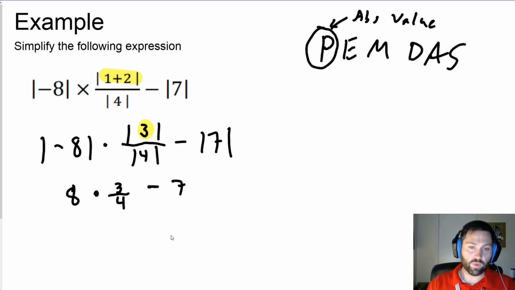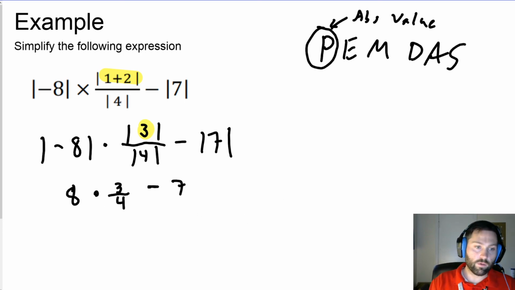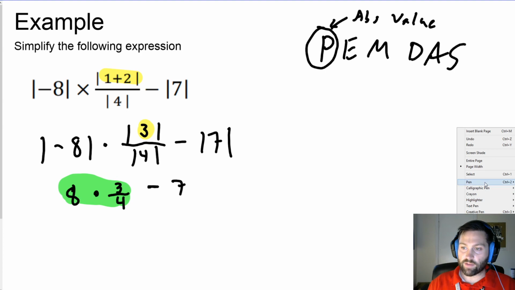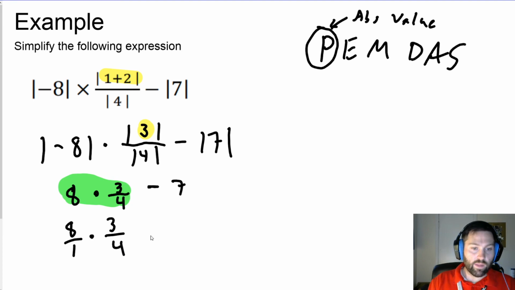So the next thing to do would be to do the multiplication, which I'm going to highlight in green here. You need to multiply 8 by 3/4. So in order to do that, what we're going to have to do is turn 8 into a fraction. In order to do so, we could do 8 over 1 times 3/4. And then we're still going to be taking 7 away from it.